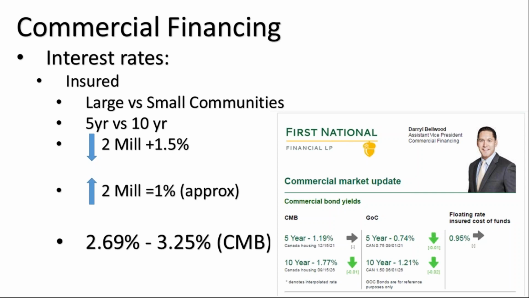So for example, at a 2-year or a 5-year rate, it's going to be 2.69% to 3.25% under the CMB bonds, or 2.24% to 2.71% under the GOC bonds. So you can see how the rates are considerably lower through the insured, but even then, it depends on the size of the loan, the location and the condition of the property as well.